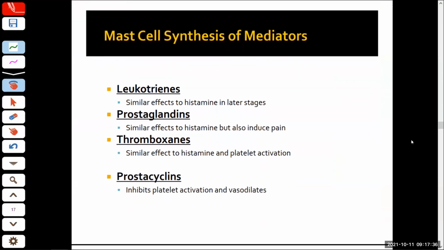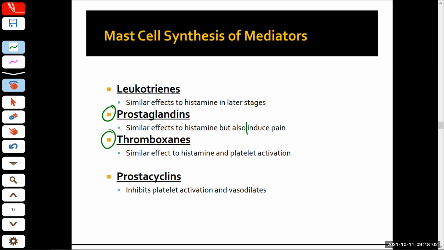So mast cell synthesis mediators, this is on the right side here. We're talking about things that they synthesize. The only two you need to worry about are prostaglandins and thromboxanes. Okay. Again, what's the whole point of mast cell synthesis? To continue. That's why prostaglandin is similar to histamine. It works like histamine. You still have vasodilation, you still have increased permeability.